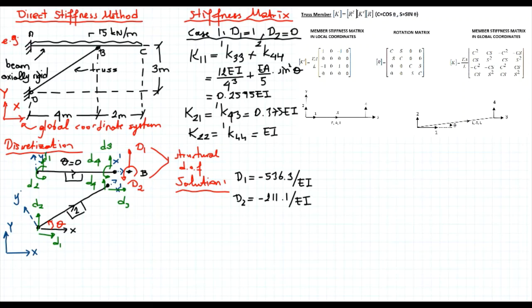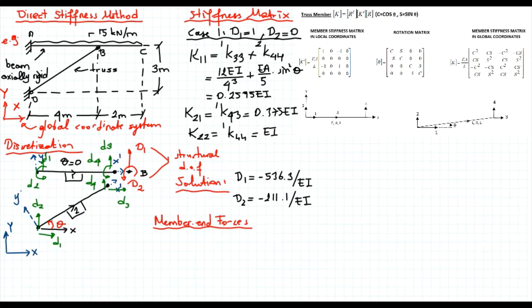So these are the displacements. Now let's see how we can recover the member end forces. I will do it for the truss member. There is nothing special for the beam member. We already worked on it.